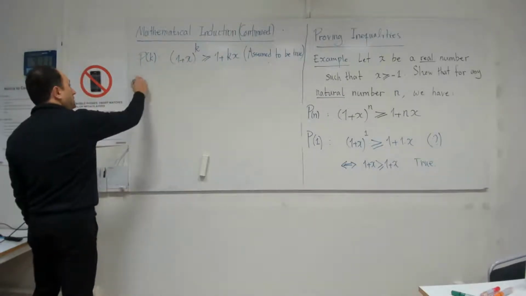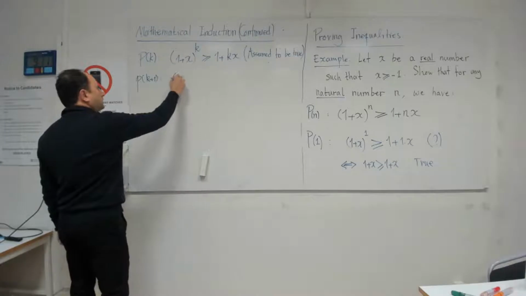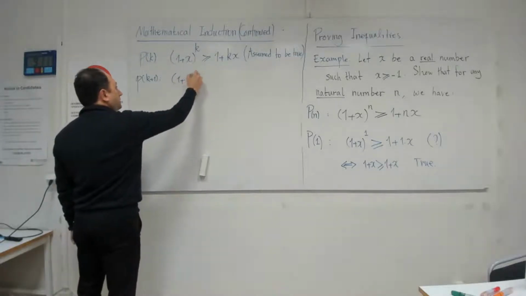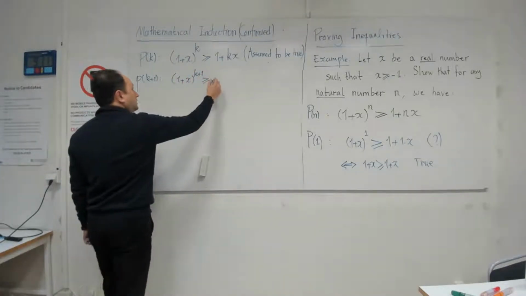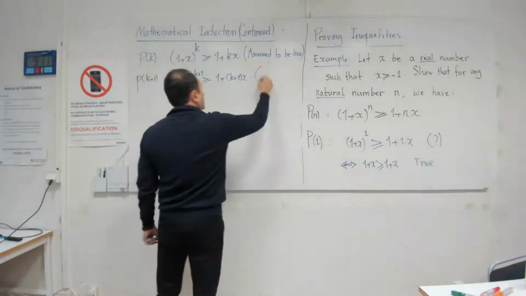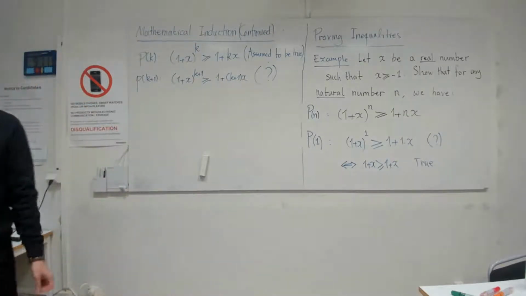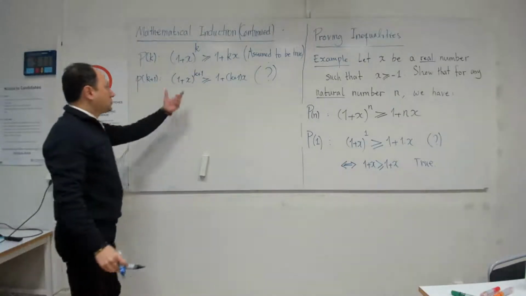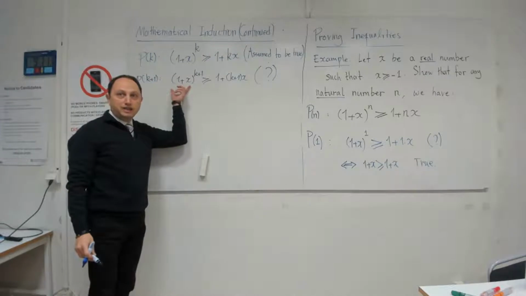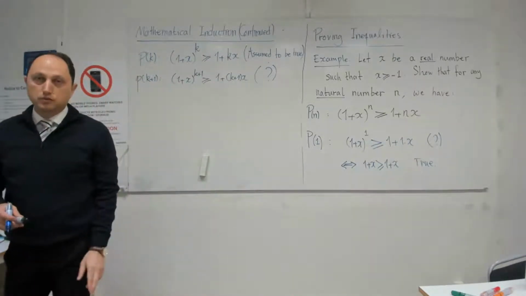What is Pk plus 1? I need to replace k with k plus 1 everywhere. So this becomes (1 plus x) to the k plus 1 is greater than or equal to 1 plus (k plus 1) times x. And this is the question mark. But this is not equality. So I cannot say that I start from the left-hand side and reach exactly the right-hand side. That's the only point that you need to be careful about. Yes?